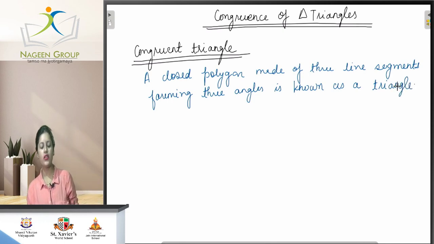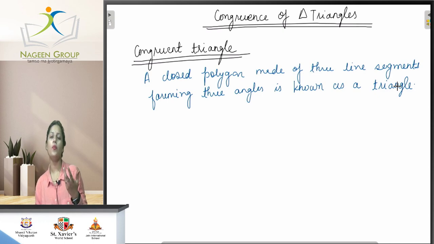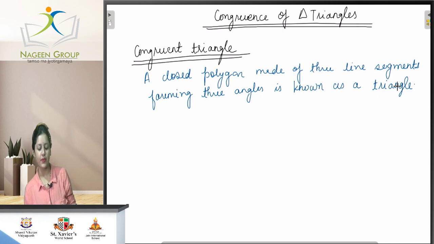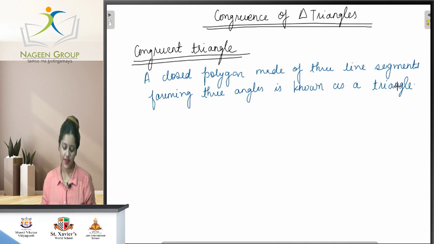Understand? First of all, what is a triangle? A closed polygon made of three line segments forming three angles is known as a triangle.